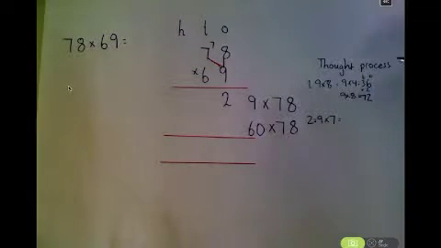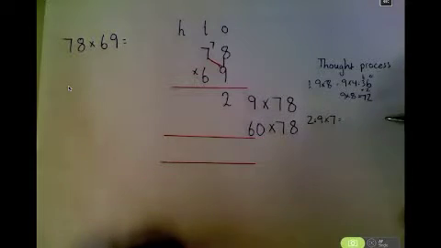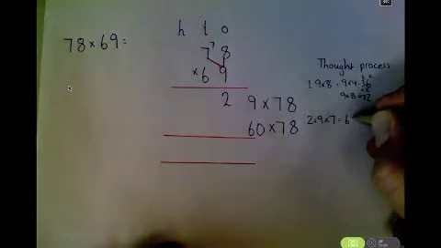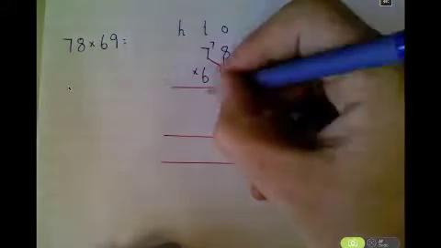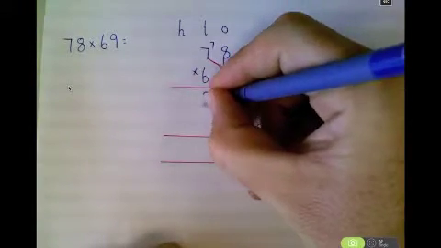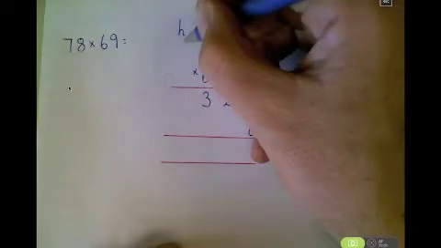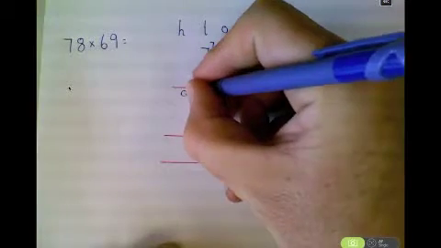So 7, 14, 21, 28, 35, 42, 49, 56, 63. So 9 sevens, 63. We put our 3 in here, and we don't need to carry our 9, so we can put it straight down here.